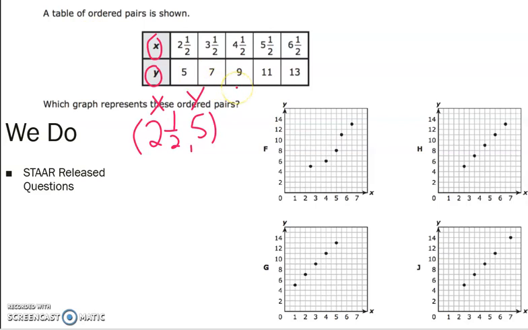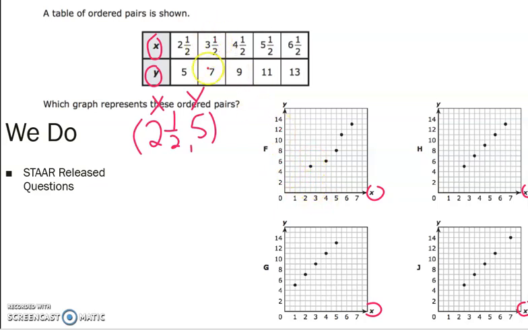X goes across. So these are my x-axis. I'm going to look for 2.5 on my x-axis. So across here, I see 2.5 right here, and I got to go up to 5. Now our interval tells us that this number here is going to fall between 4 and 6, so this is 5. So this one is correct. Okay, let's check the next one.